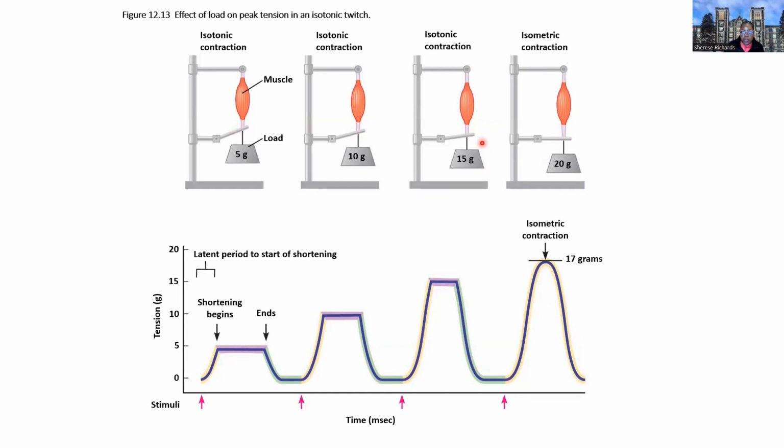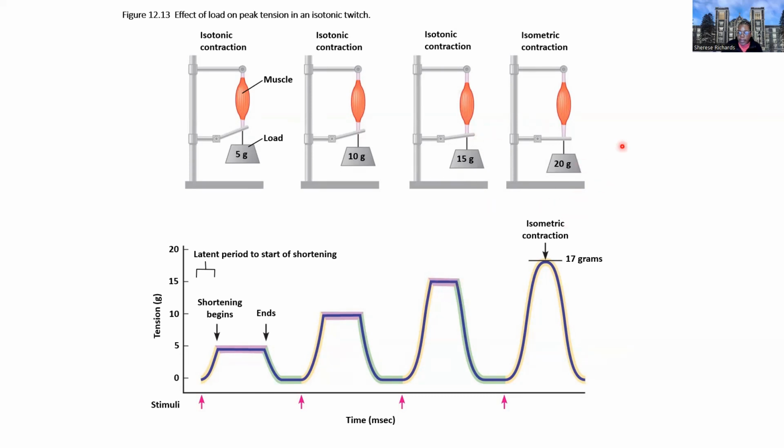Again, this is a muscle that physically can overcome up to 17 grams. So anything under 17 grams, we're going to see, excuse me, isotonic contractions, right? Anything below 17 grams, we're going to see an isotonic contraction where the load is actually able to be lifted. And notice in all of these curves, we have flattening off when we get to the force generation that is required for the weight of that load.